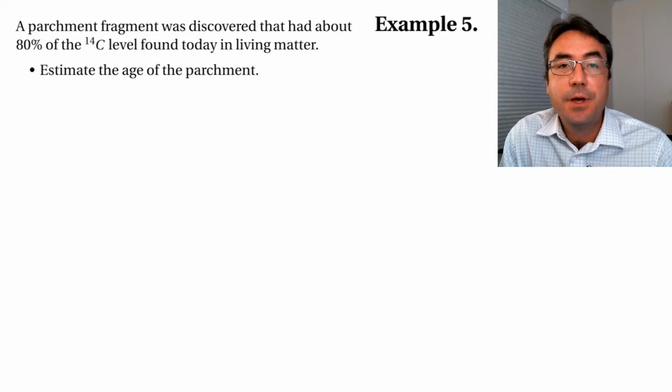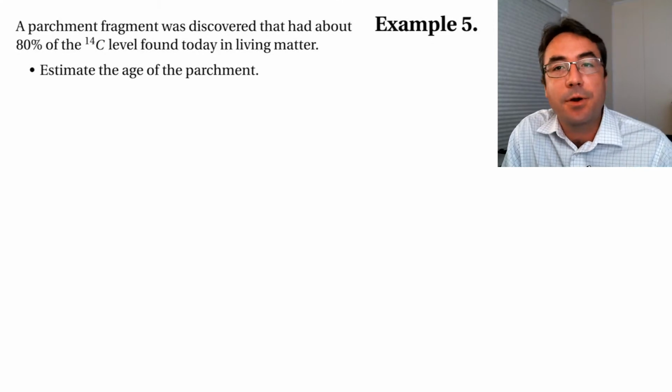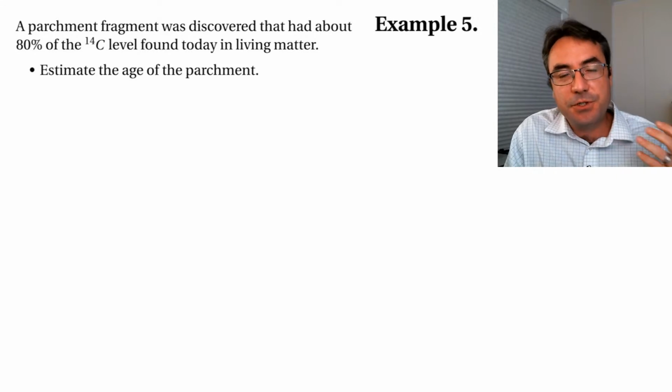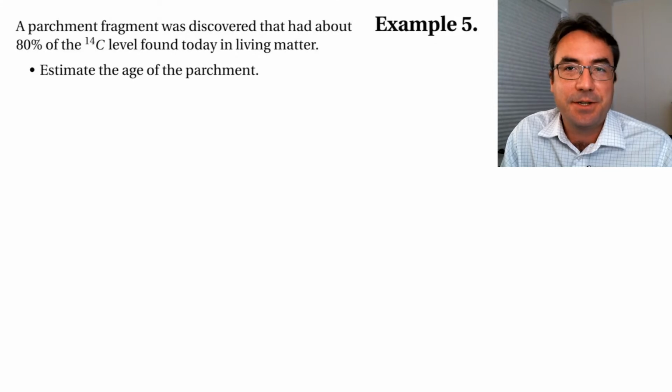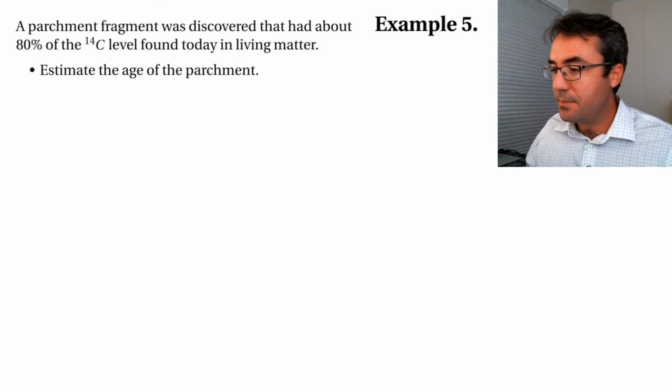So we want to figure out when that, essentially that piece of paper or parchment was created. And we'll assume that it was created right when the plant material was harvested in order to create the parchment.